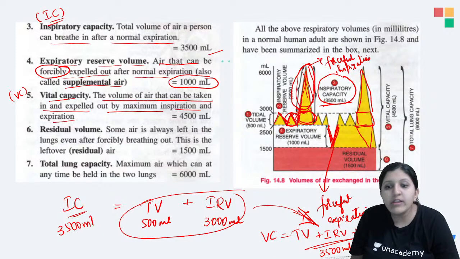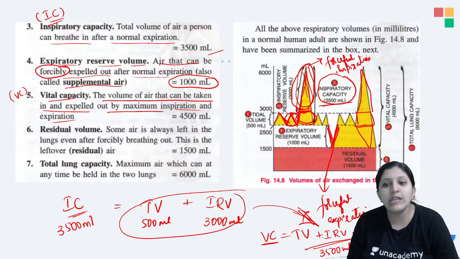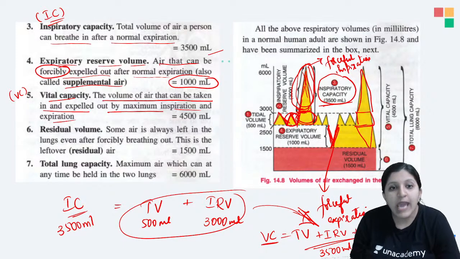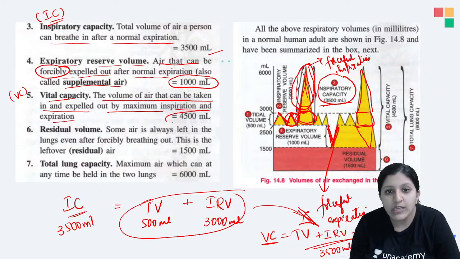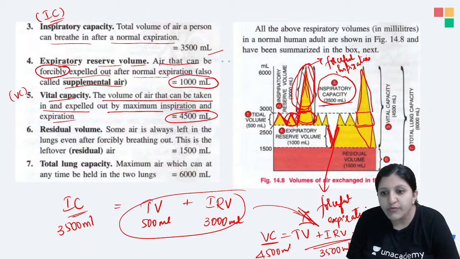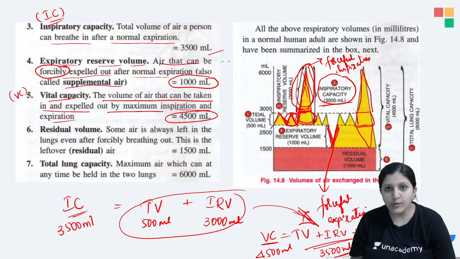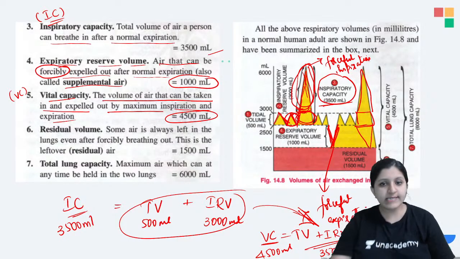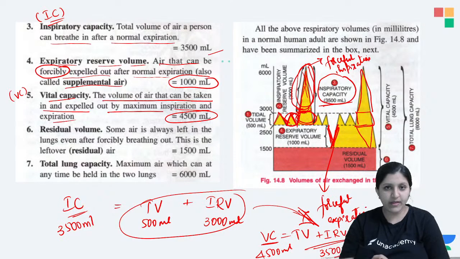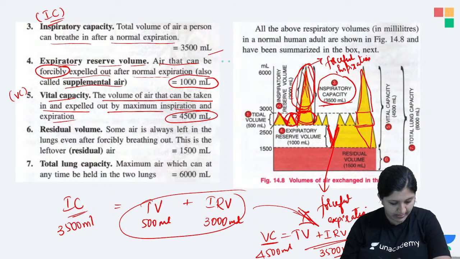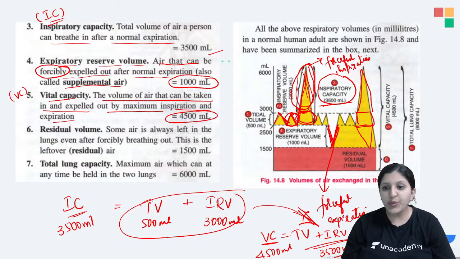So the vital capacity we can get up to 4500 ml, as you can see that there is 3500 ml plus 1000 ml. Yes, is this clear now? I hope y'all are understanding. Are you?